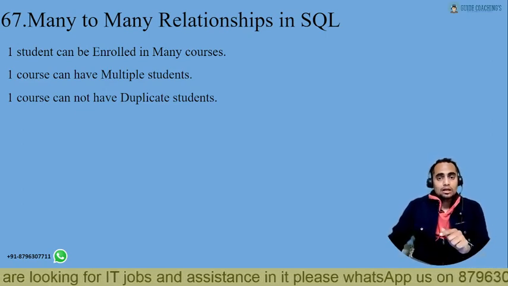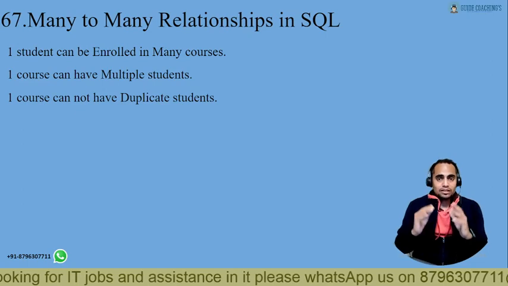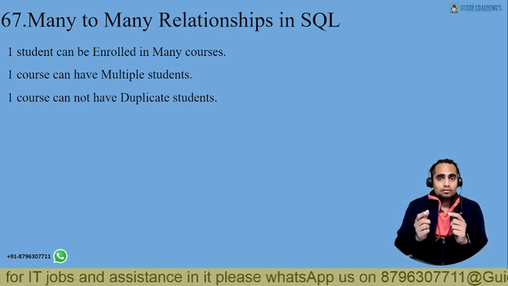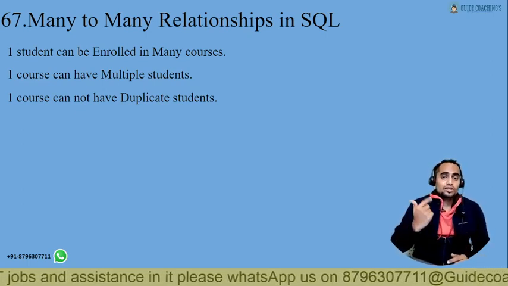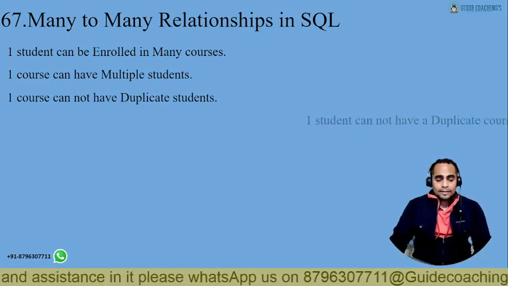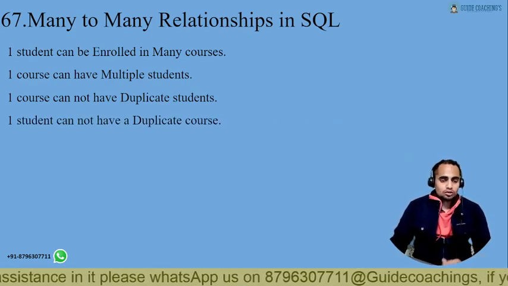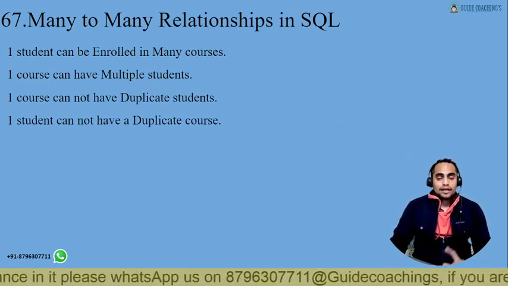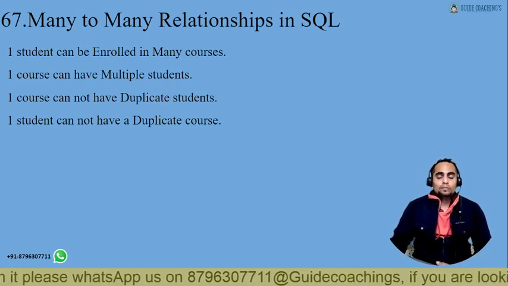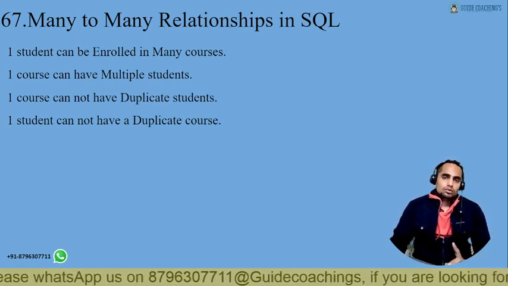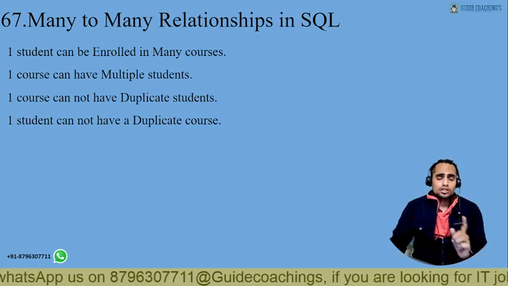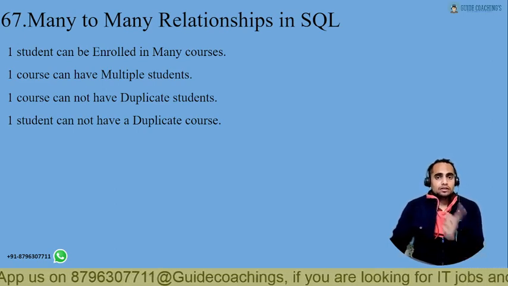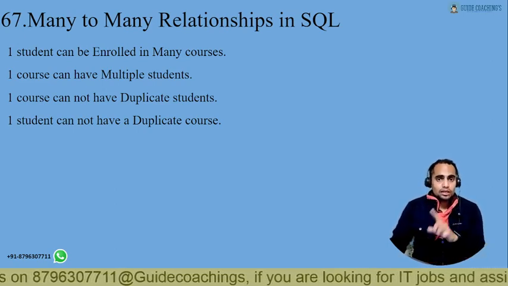He can be in the bridge table, that is the student course table, with another course, but not for the same course. And vice versa, one student cannot have a duplicate course. Ravish cannot be for SQL twice, and a duplicate Ravish record for SQL cannot be there.